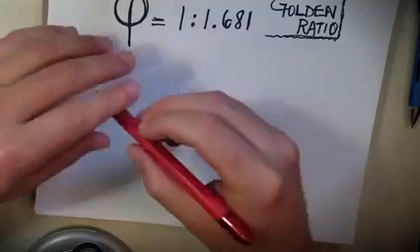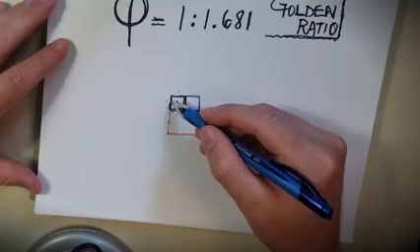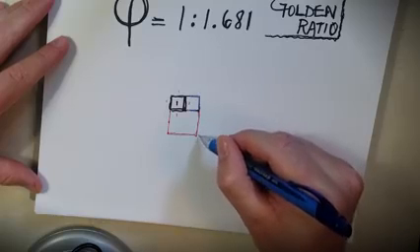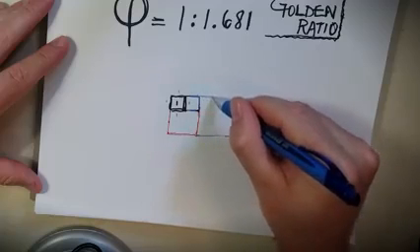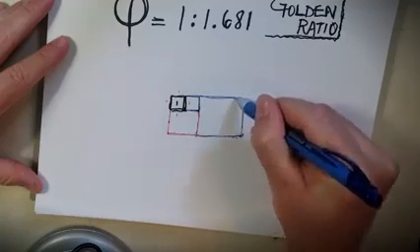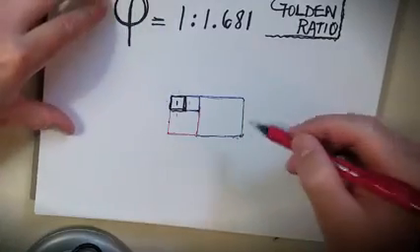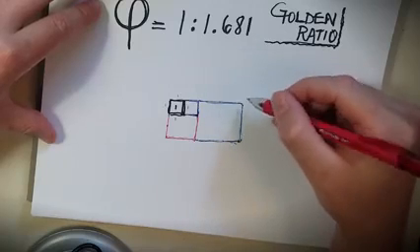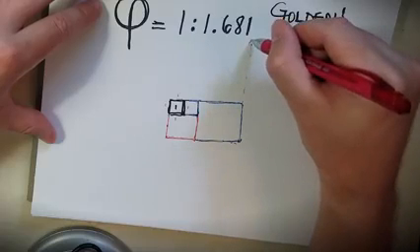And now you'll notice that the ratio of this to this, or this to the whole thing, is going to be extrapolated into 3 units. So I'm going to draw out 3 units here. 1, 2, 3. And now it's going to be 5: 1, 2, 3, 4, 5.